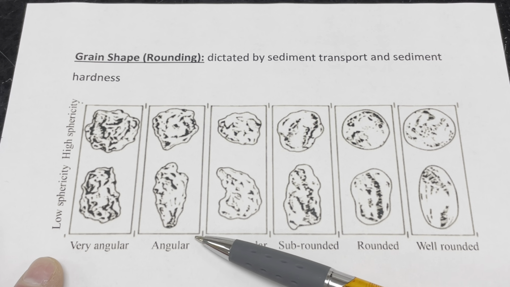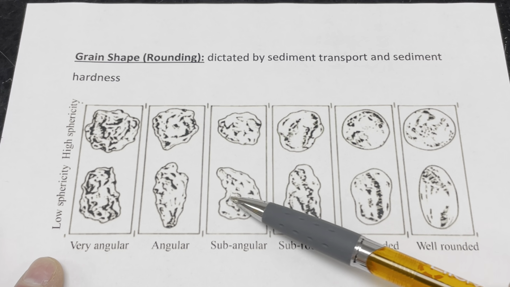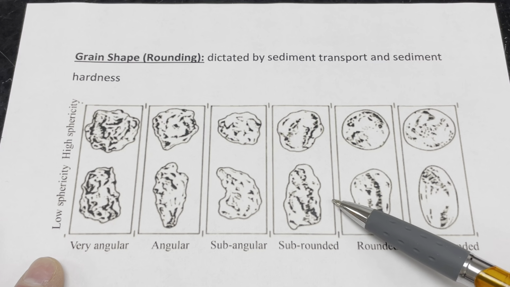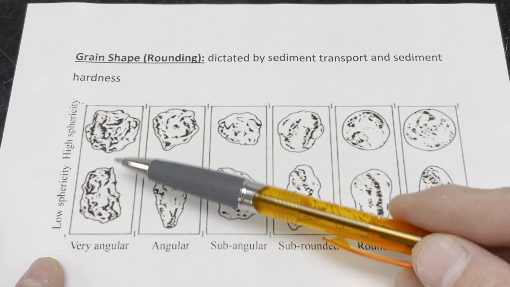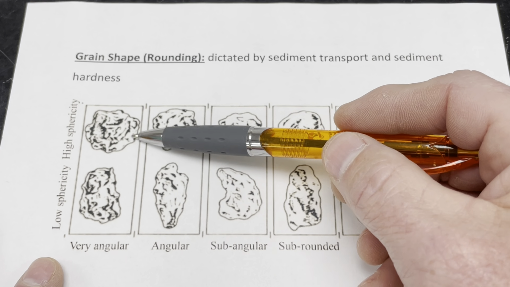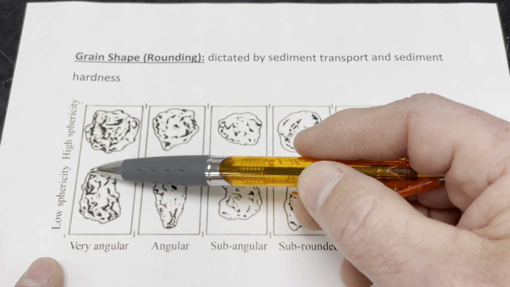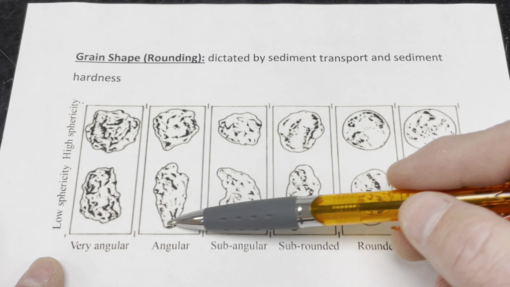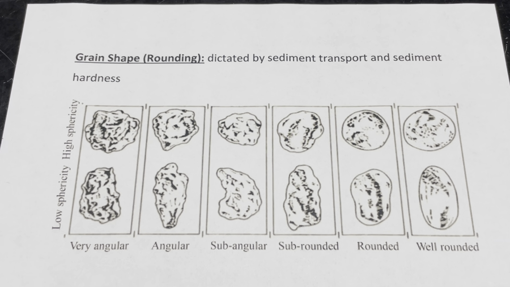And then as we work our way towards the other end of the spectrum, we can see that those edges are becoming a little bit more rounded until we end up with something that's well-rounded itself. Notice here we have two different overall shapes. You might have a particle that's spherical, meaning it's sort of like a sphere or a ball or rounded, or you might have something that's more oblong or oval shape. And so you can see some variations there.